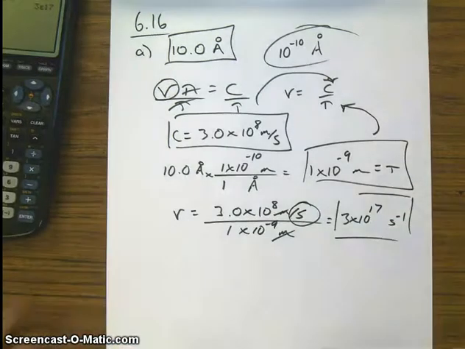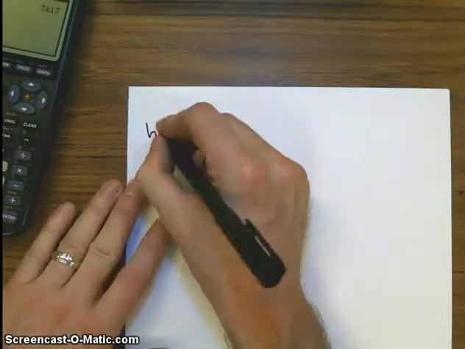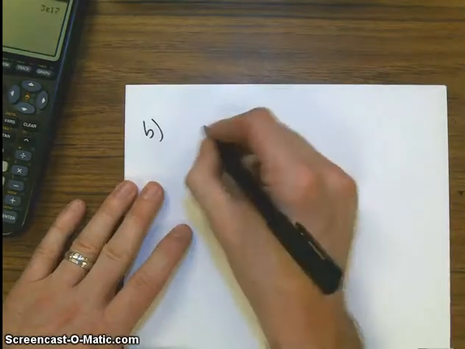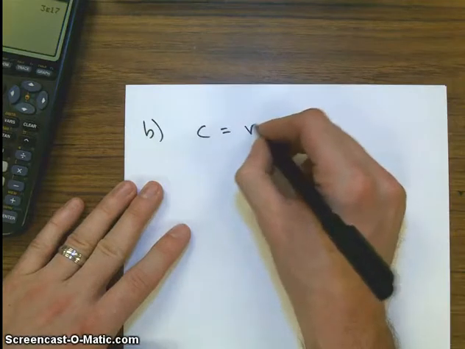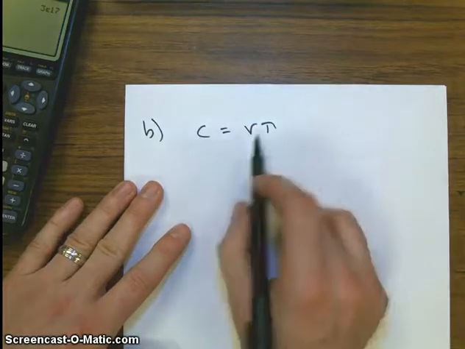Now for question B on number 16, it asks what is the wavelength of radiation that has a particular frequency, and they give you the frequency. On B, you're still dealing with the same equation, which is that the speed of light is equal to nu lambda, frequency times wavelength.